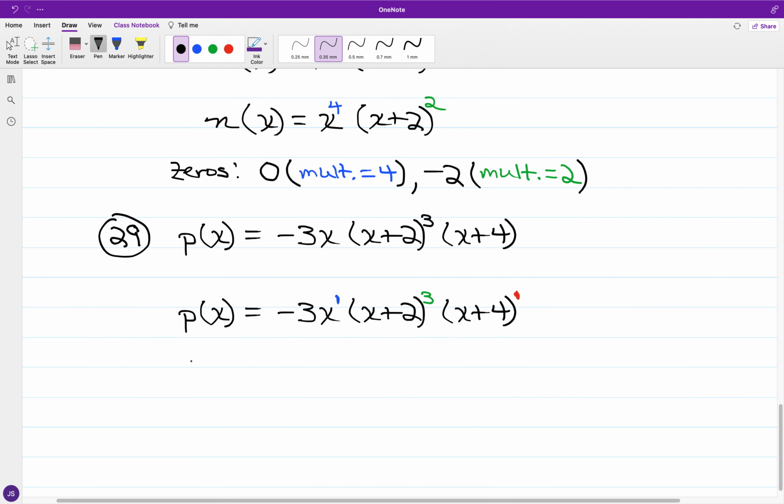And for the zeros, okay, now the -3 is just a coefficient, but I'm interested in just the variable factors. Okay, so with -3x, the variable factor is x, and if I were to set -3x equal to 0, I would have x equal to 0, and the variable factor is just a first order.